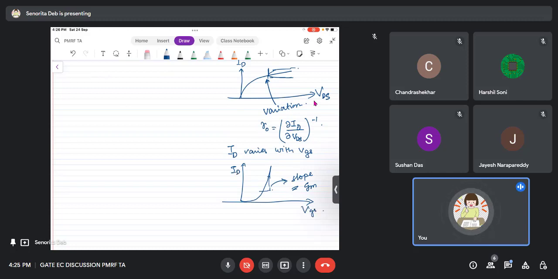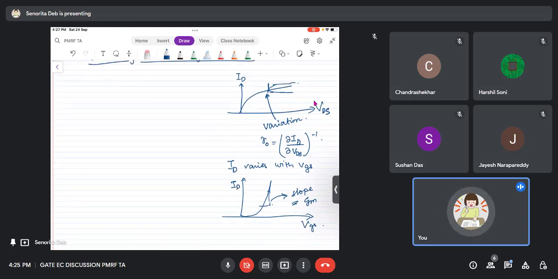This is ID versus VGS. And then there is another graph, ID versus VDS. So basically ID varies with VGS and VDS both, right? We will represent both of these in a model so that we can model the MOSFET.